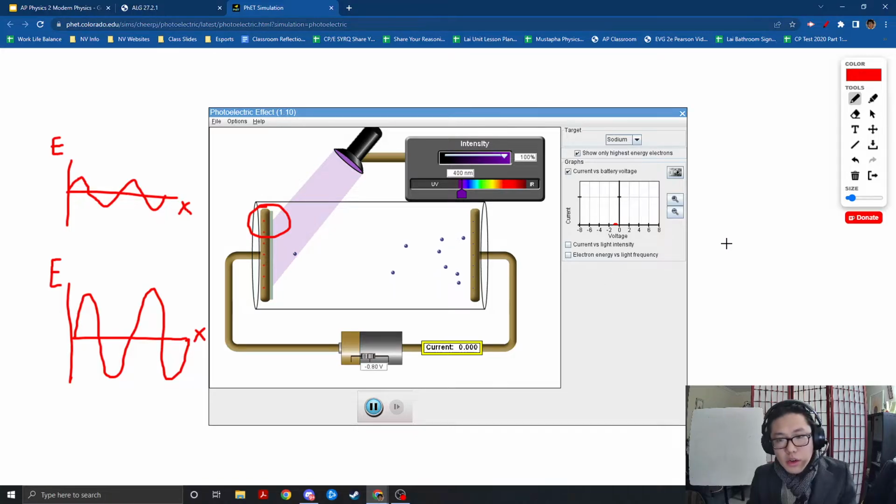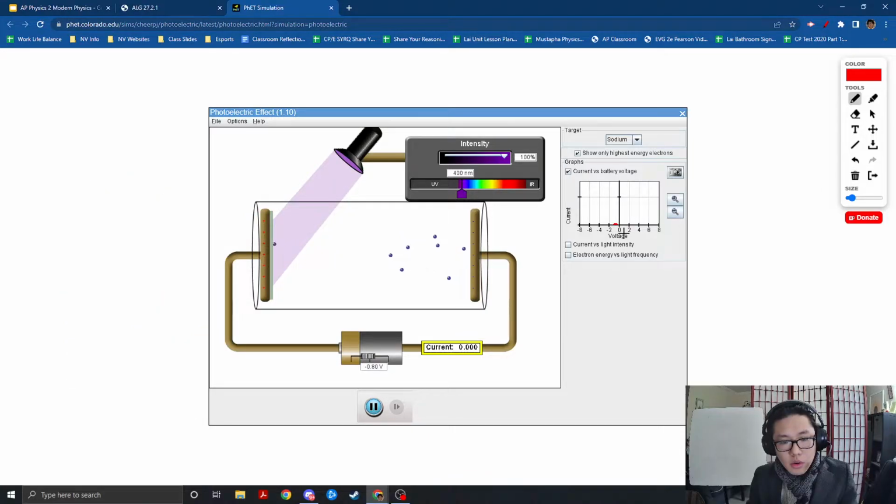So this is where scientists began to wonder what actually is light, because if energy isn't stored inside the amplitude of the vibrating electric field, then why are these electrons actually gaining energy?